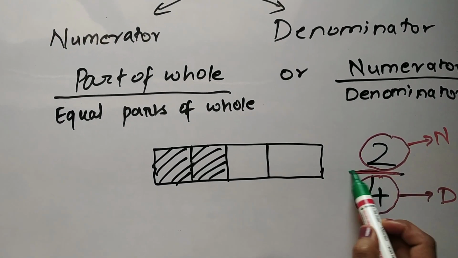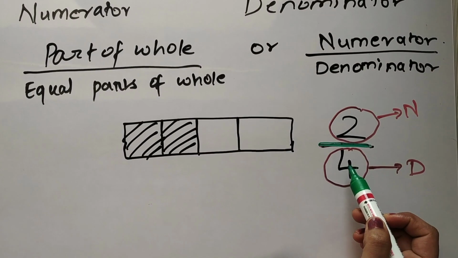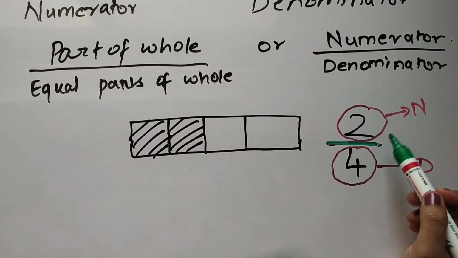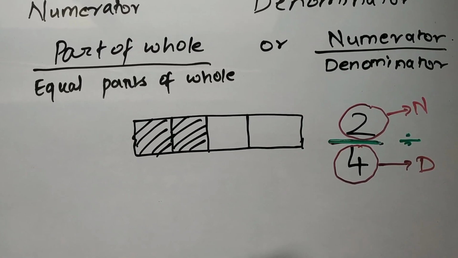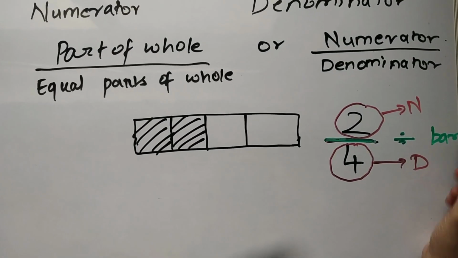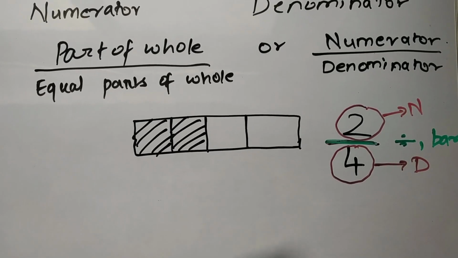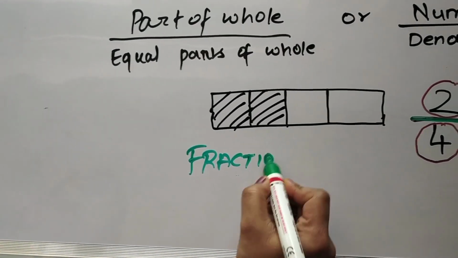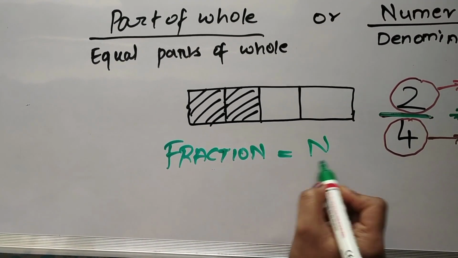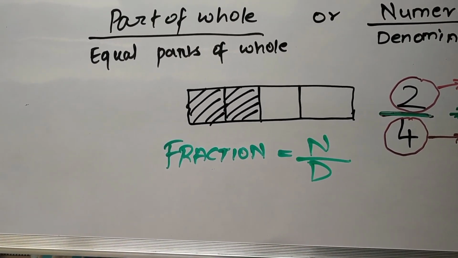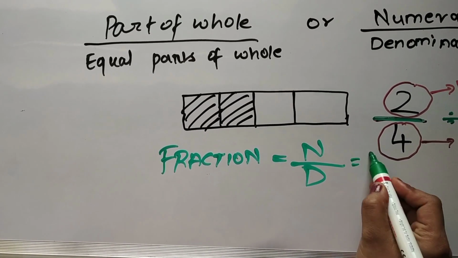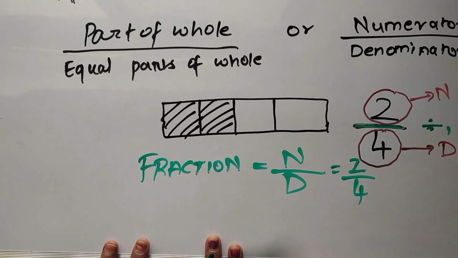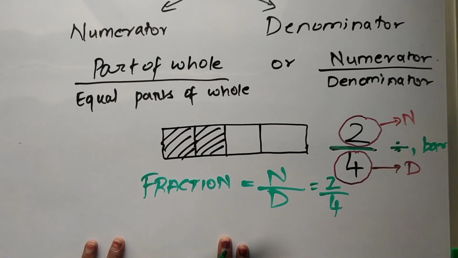Now the line which is between the numerator and denominator, or the bar which is between numerator and denominator, is the division line or known as bar. So a fraction is represented as numerator upon denominator. So for this the fraction will be 2 upon 4. I hope this is very clear to everyone.